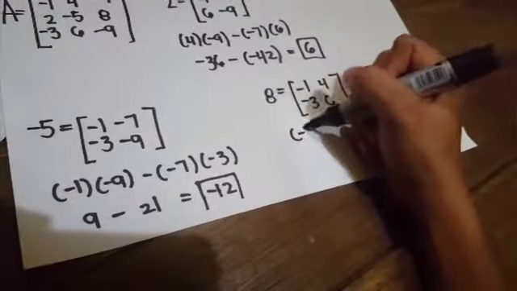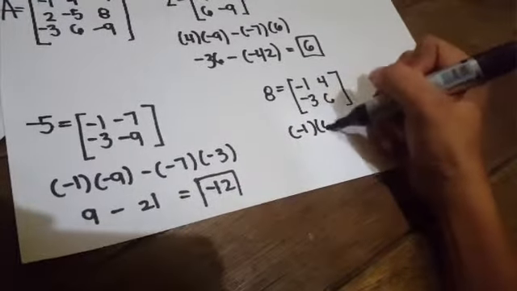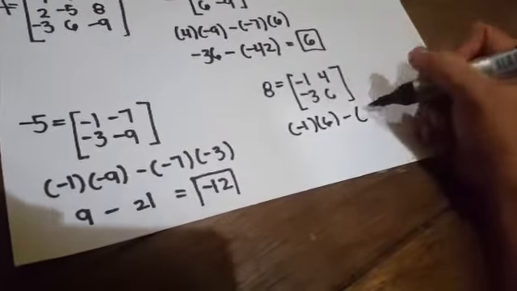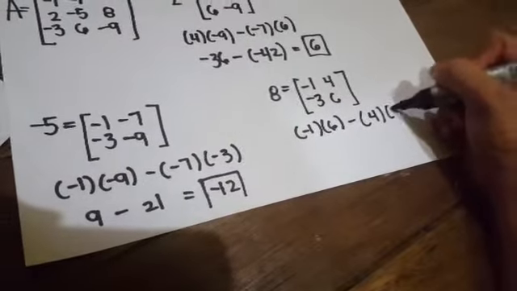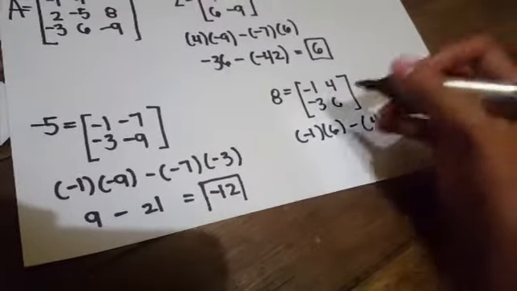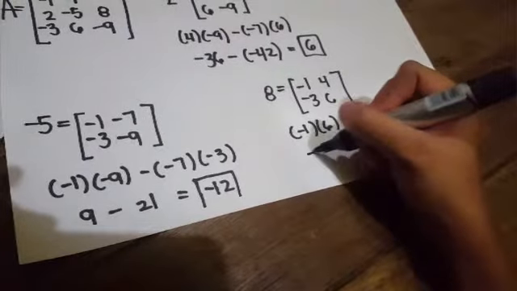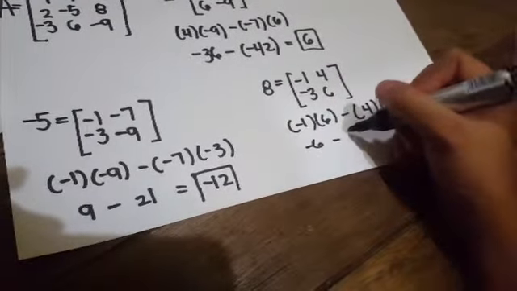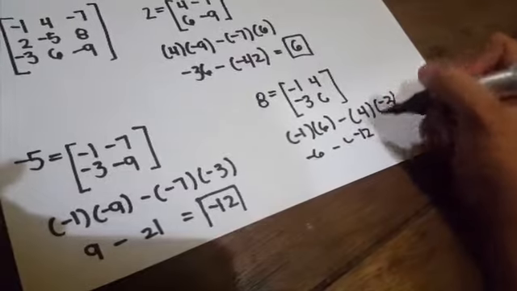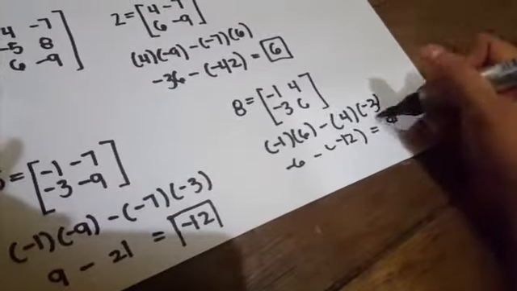Cross multiply: -1 times 6 minus 4 times -3. -6 minus -12 equals +6.